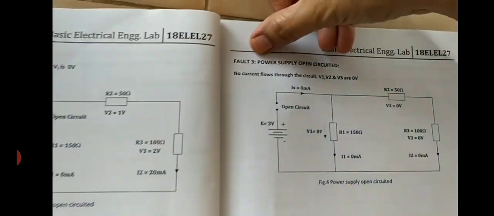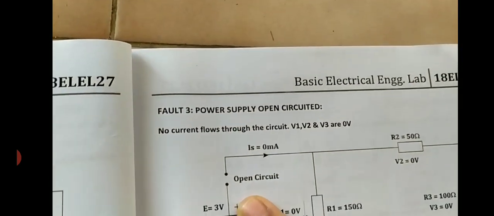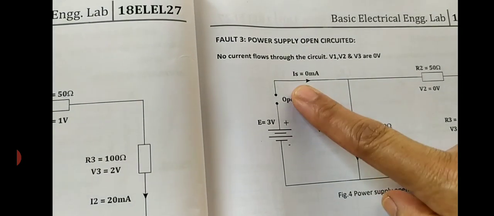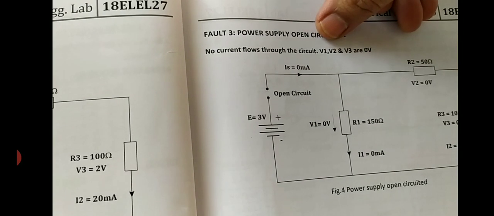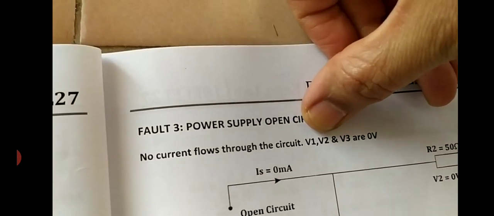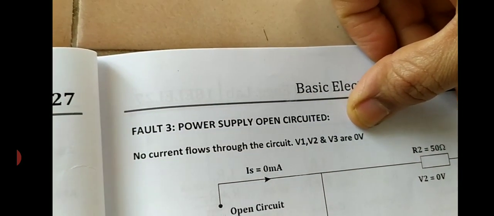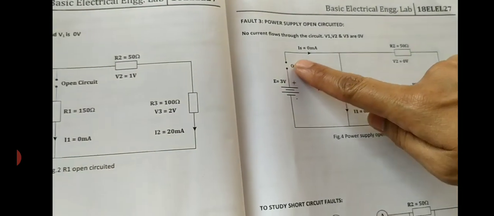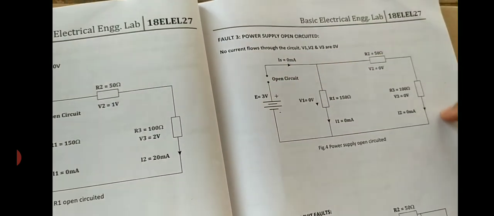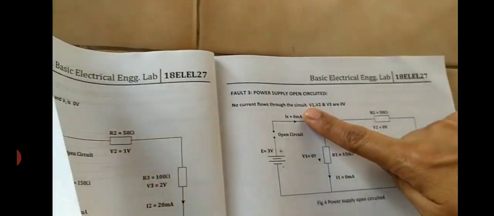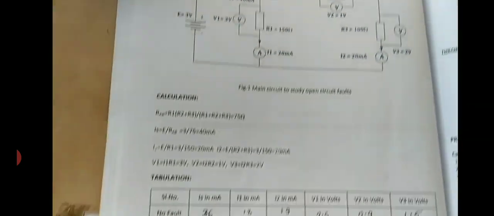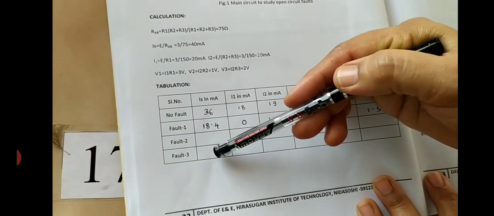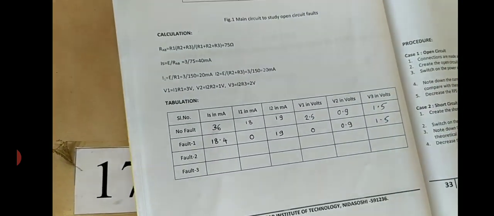Similarly, if we create the third fault, which is open circuit across the supply, we can have the observation that V1, V2, V3 all become zero because there is no source voltage as well as source current itself. Therefore, we can have this observation. Now, we can tabulate all these readings for fault 2 and fault 3 in the same fashion.